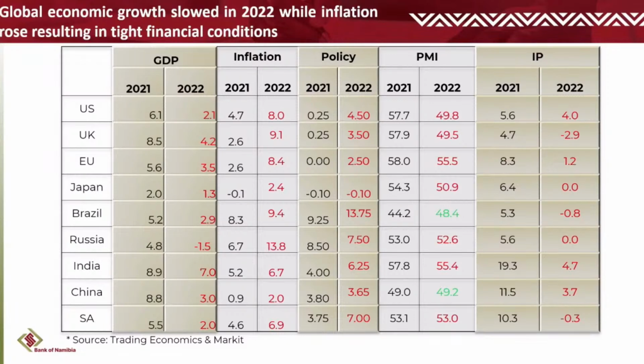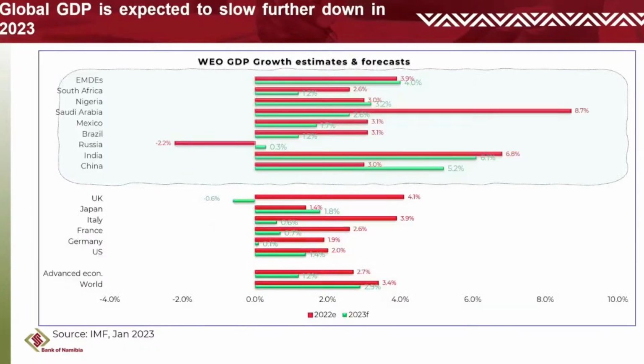Inflation rose significantly in 2022, and this triggered the majority of central banks to embark on an accelerated path of monetary policy tightening to tame rising inflation. Looking ahead, global growth is seen to decelerate somewhat further to 2.9% in 2023, reflecting continued spillovers from the Russia-Ukraine war and tighter monetary policy.